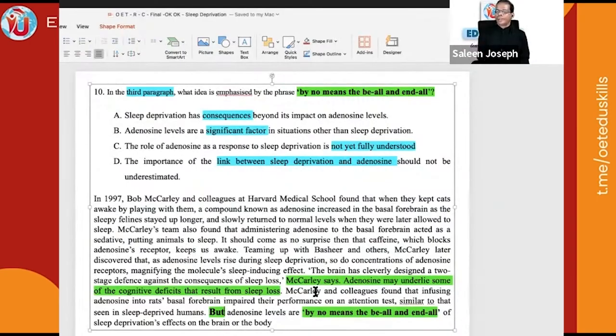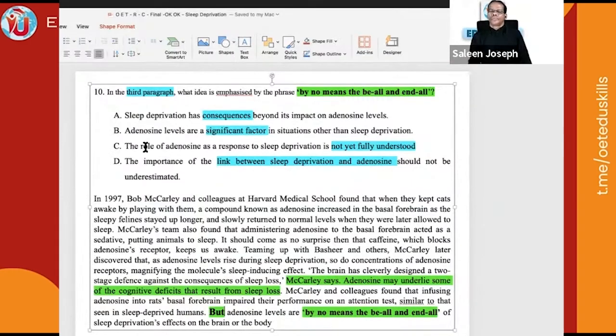Maybe adenosine may underlie some of the cognitive effects that result from sleep loss. That means it has much more consequences beyond. By no means the be-all and end-all means this is not the only effect. Adenosine levels are not the only effect. Do you have any option with the same meaning?